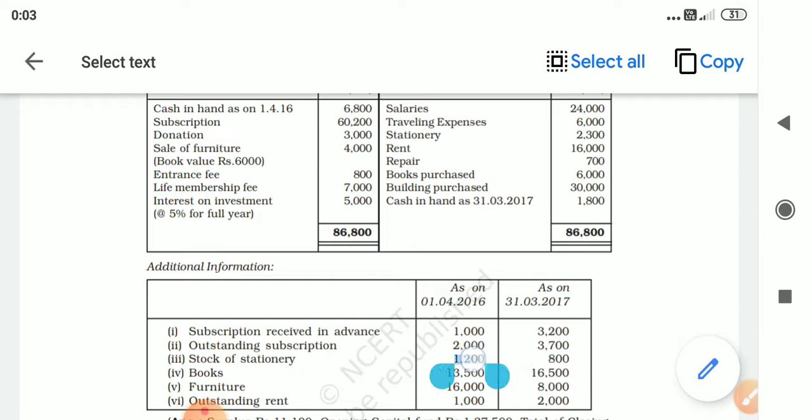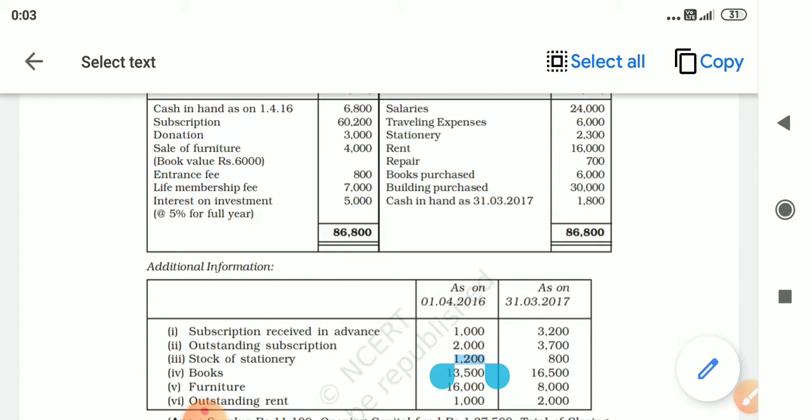This calculation you have to show, either separately as a working note, or in the expenditure side inner column. Write opening stock of stationery 1,200 plus stationery purchased 2,300.